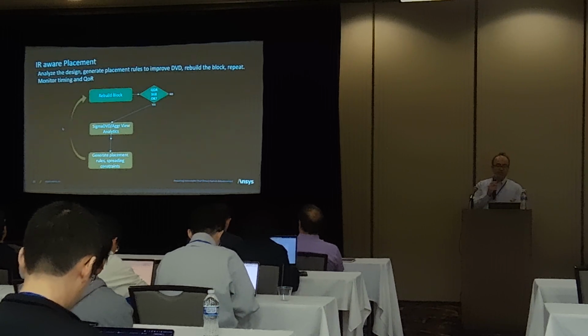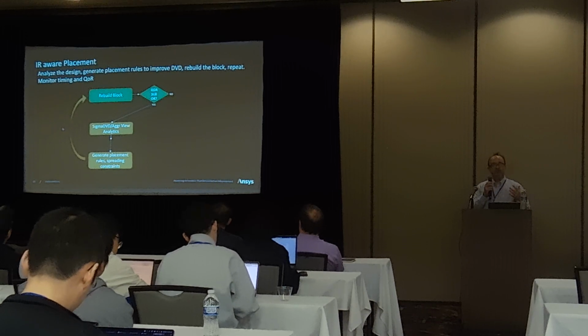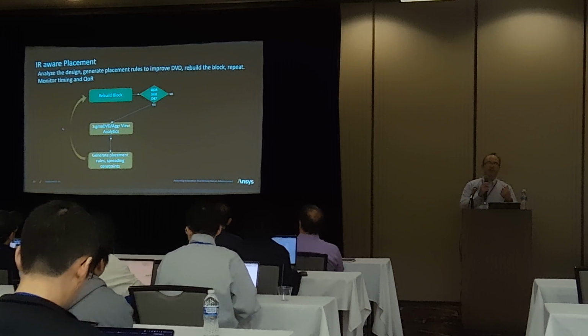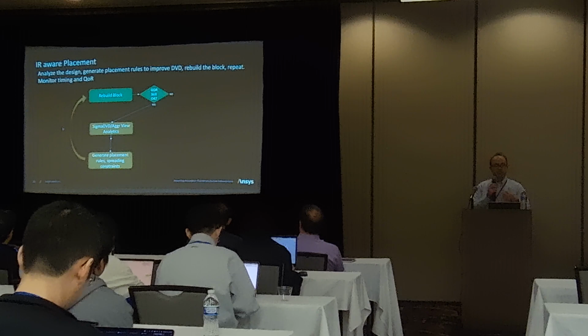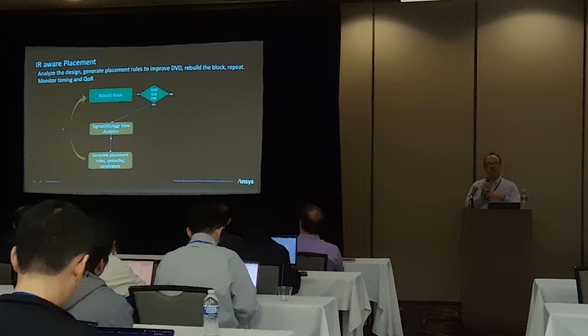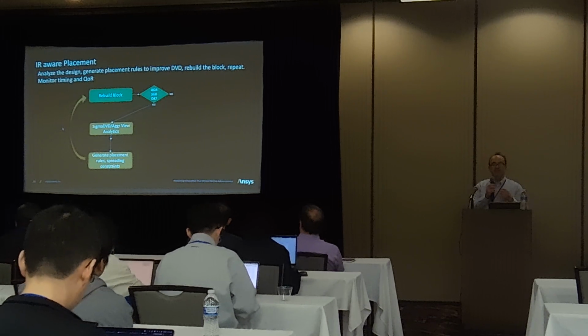If you know that, you can understand aggressors and find the metrics that you have. If you see a lot of aggression around blocks, you can spread them out by using different PNR rules. You can apply multiple placement directives driven from the PG impact analysis or power delivery analysis to create spread-out designs.